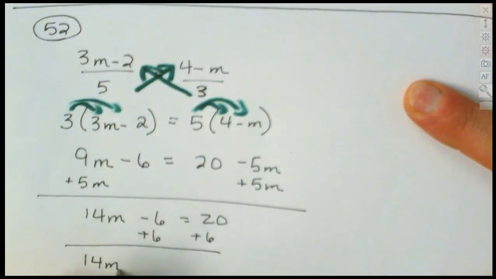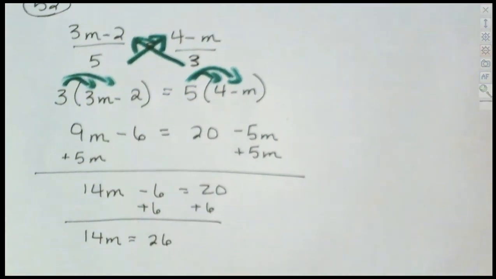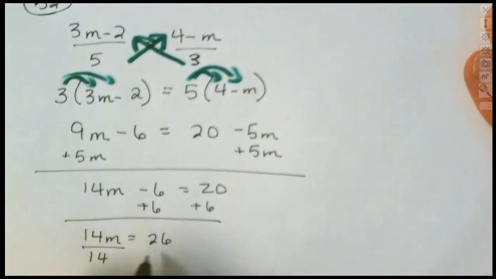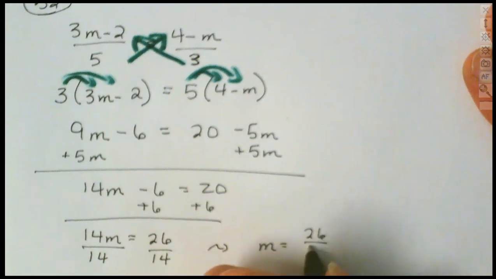And now we've got 14m equals 26 there. Divide by your 14. So now we've got m equals 26 over 14.